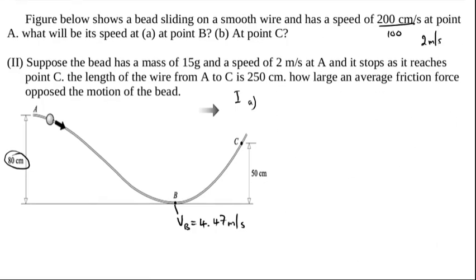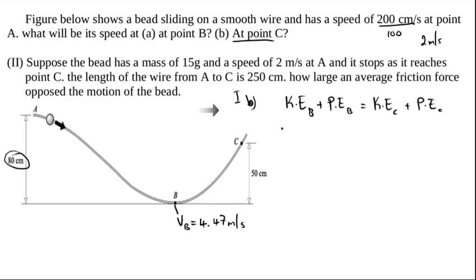Now we go to part B, which says, what is the speed at point C? So we'll do the same thing. Kinetic energy. Now do not compare A and C. It will be much better to just compare B and C. So the kinetic energy plus potential energy at B is equal to the kinetic energy at C plus the potential energy at C. So what is the kinetic energy?